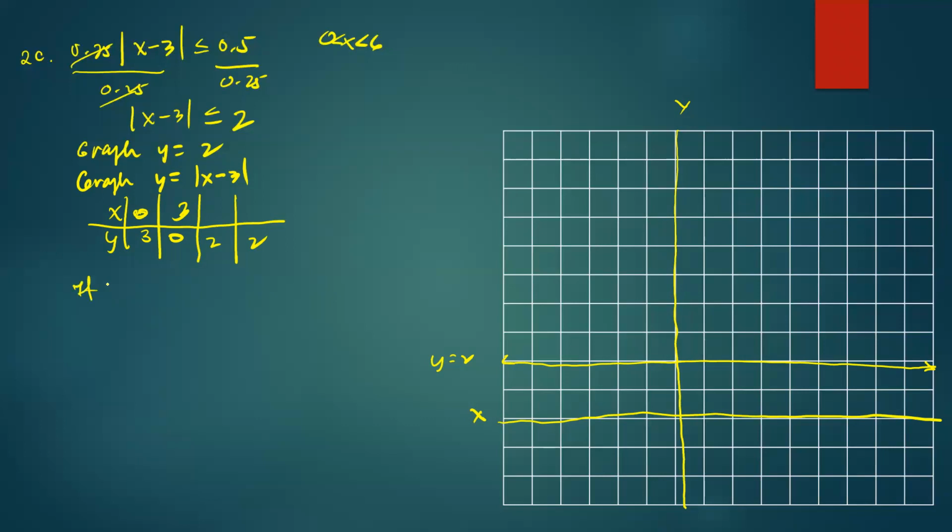So if y is equal to 2, then we have 2 is equal to the modulus of x minus 3. Okay. Oh, that is no longer modulus. Okay.